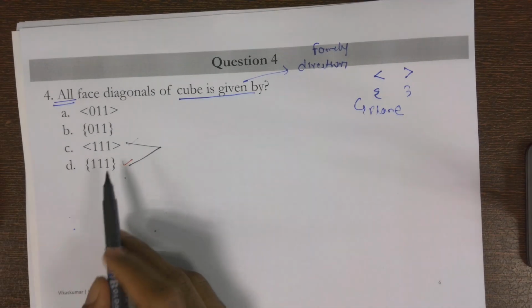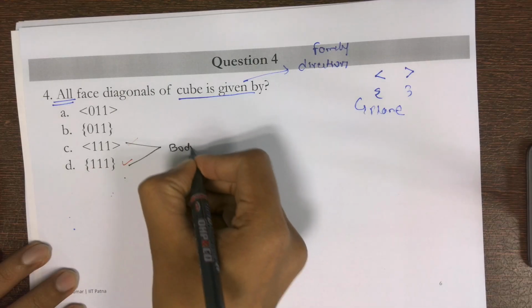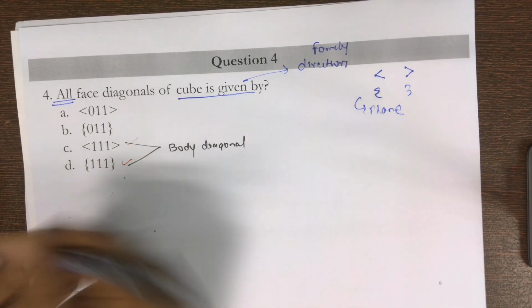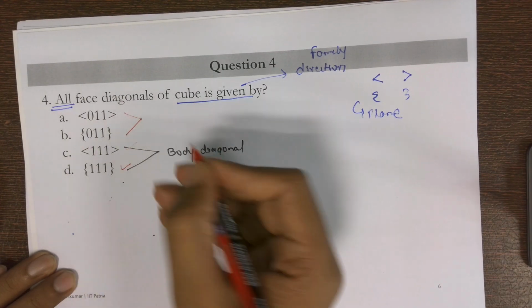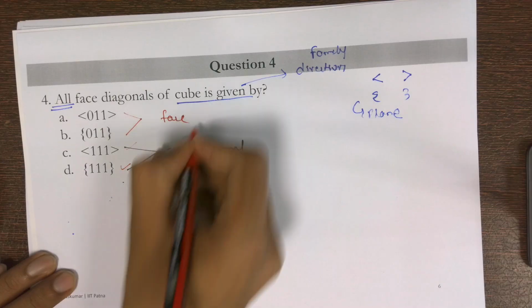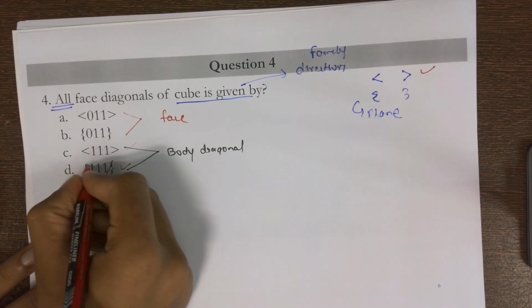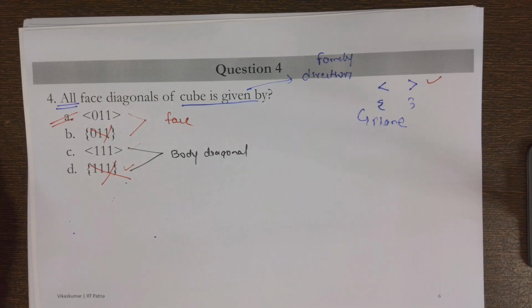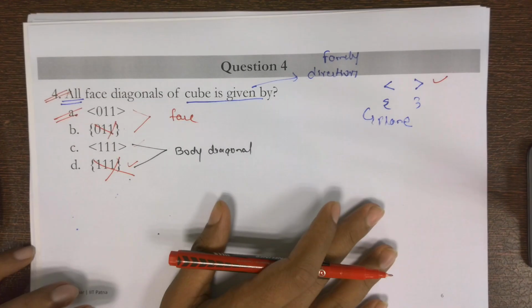So this will correspond to the body diagonal. This too will correspond to the face. But again, we are talking about the directions. So we'll remove this. The right answer is option A. With that, we have solved question number 4.